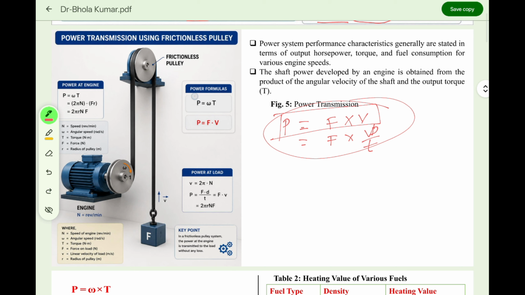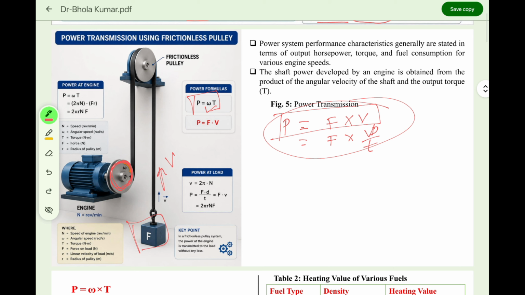That's why power is written as P = ω × T, where ω represents angular velocity and T represents torque. This pictorial diagram indicates the circular motion, and they are trying to lift this much force, or load, with velocity v. This is the representation of a power drive system.